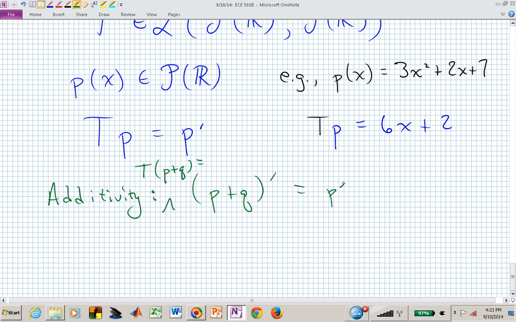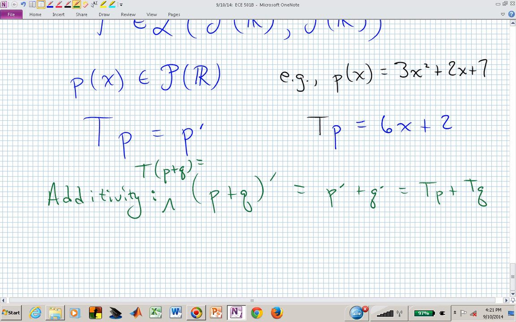That's equal to P prime plus Q prime, which is TP plus TQ. Oh, good. Additivity is satisfied. Is that okay? From basically the definition of derivative. The derivative operation for polynomials satisfies the derivative of the sum is equal to the sum of the derivatives. And that allows you to say that this linear operator T does satisfy this additivity property.